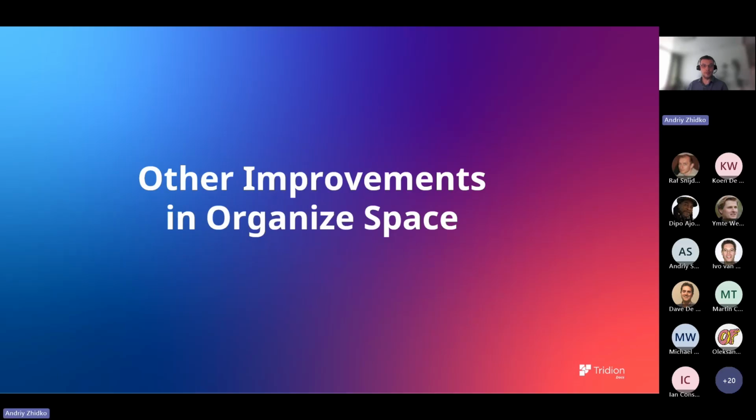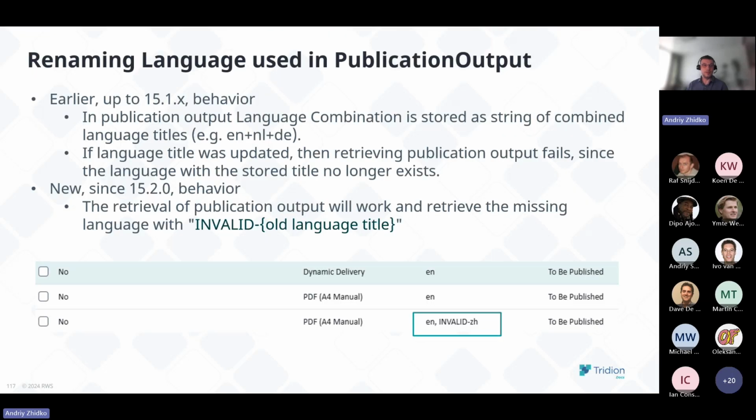And let's also cover other improvements in organized space. There was a specific behavior when, in publication output, when you are loading publication outputs, and for one of the publication outputs, the language combination was not available because one of the languages doesn't exist anymore or was renamed, although we do not recommend doing that.